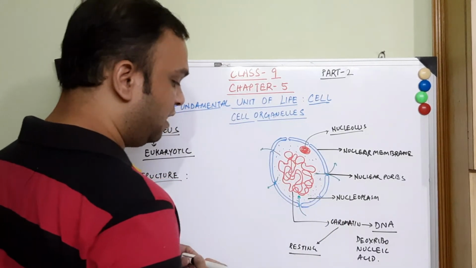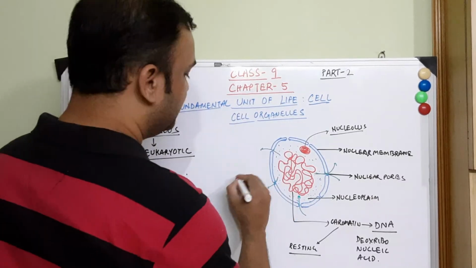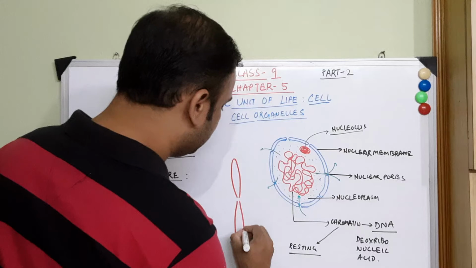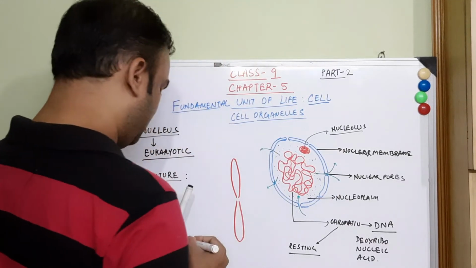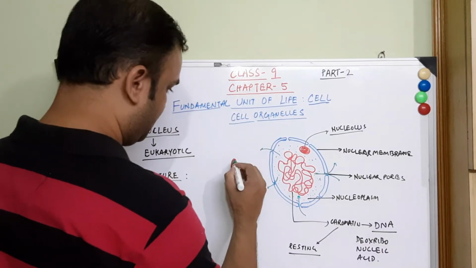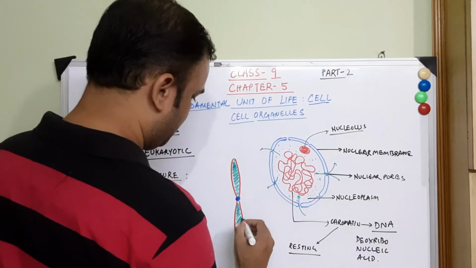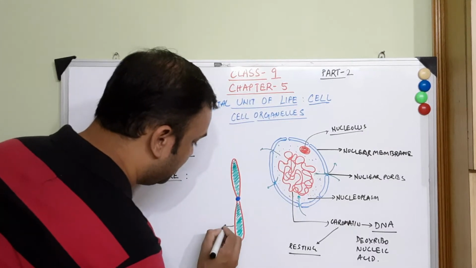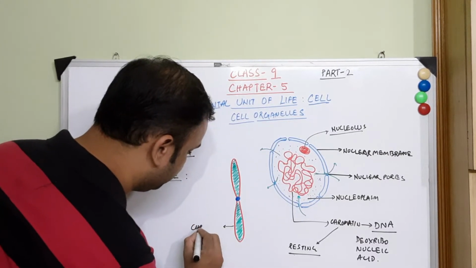So let me show you how the chromosomes look like. These dumbbell shaped structures are called chromosomes. The chromosomes have two arms, and these arms are called chromatids.